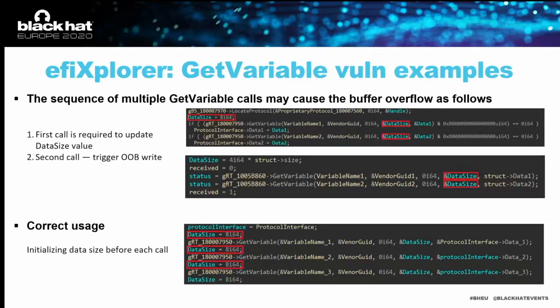So the first call will implicitly update the data size and will not do anything, but the second call will actually do something useful for an attacker and something dangerous for the end user, and maybe something not very exciting to investigate for the vendor. I mean, speaking plainly, there's going to be a security vulnerability.